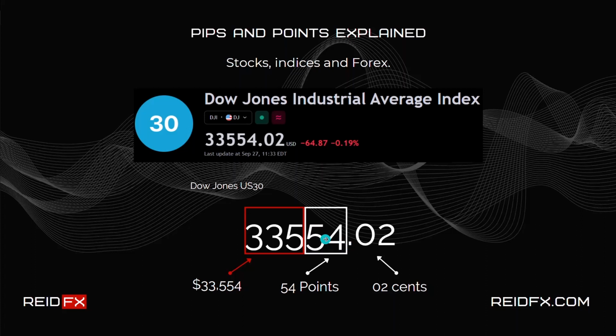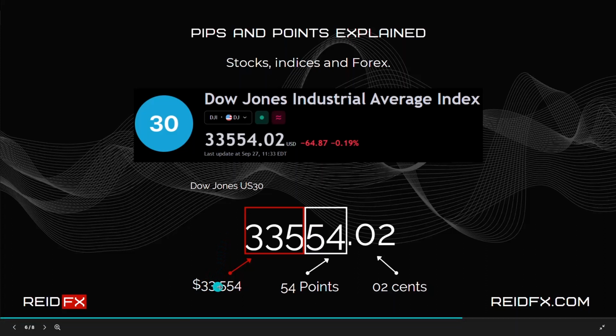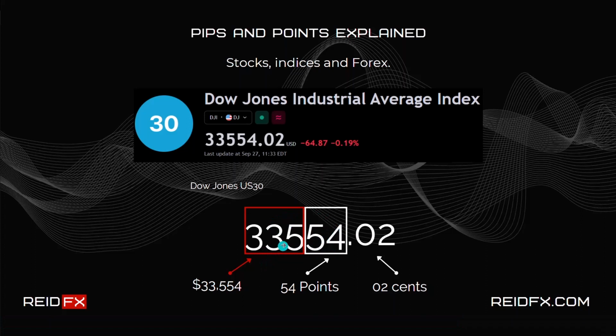And the reason for that is that the price is so high. With a Forex pair, you're generally dealing with $1 and then some cents. But here, if you look at this price, it's actually $33,554. So we have tens of thousands of dollars in this price. Therefore, the points, because in a stock or an index, they don't refer to these increments as pips, they call them points.